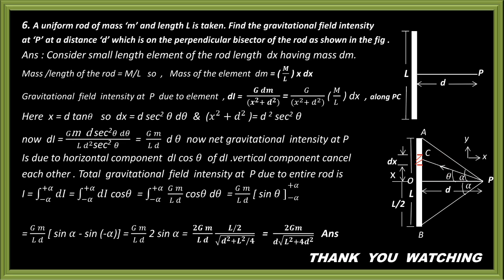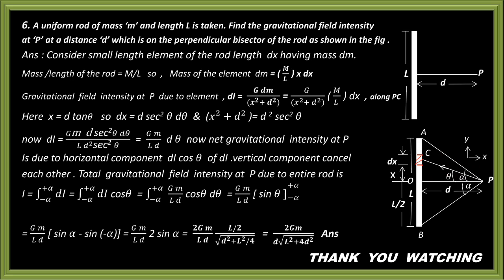Here x equal to d tan theta, so dx equal to d sec square theta d theta, and x square plus d square equal to d square sec square theta. Now dI can be rewritten after putting the values of dx and x square plus d square. We get dI equal to G m by L d d theta.